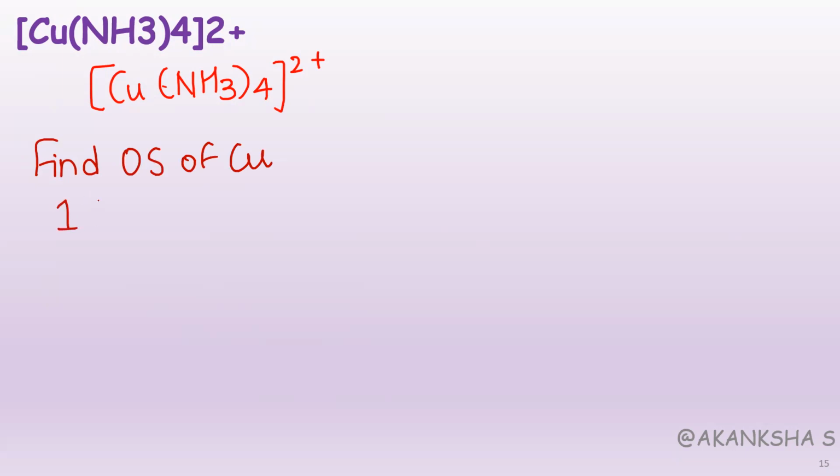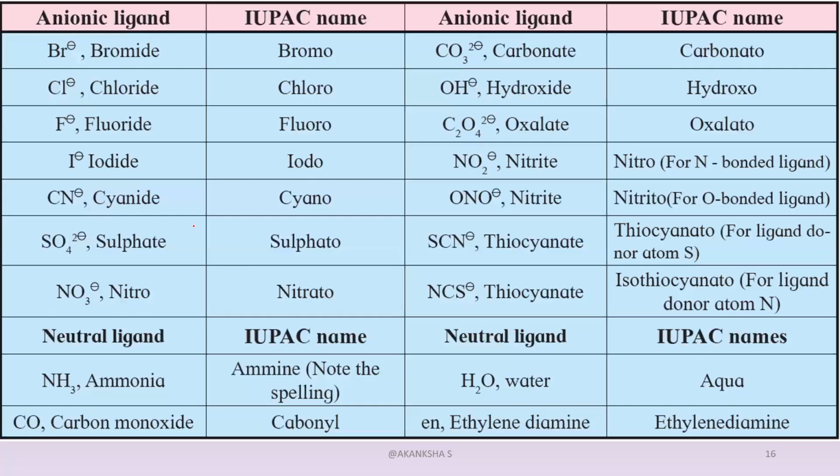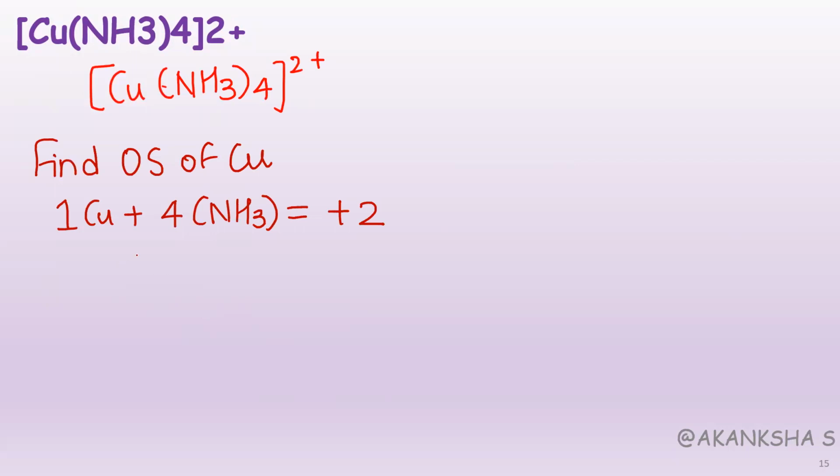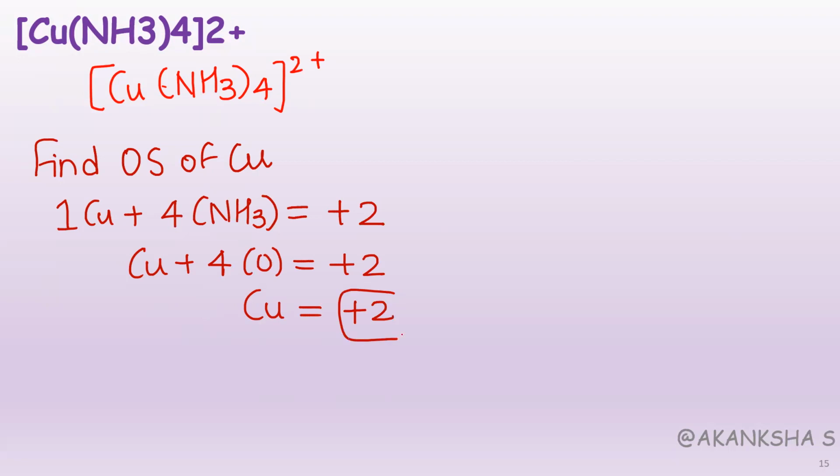So we have 1 copper plus 4 times NH3 giving you plus 2. Let's see NH3. NH3 is a neutral ligand, meaning it has a charge of 0. So copper plus 4 times 0 giving you plus 2. Copper's charge is coming as plus 2.